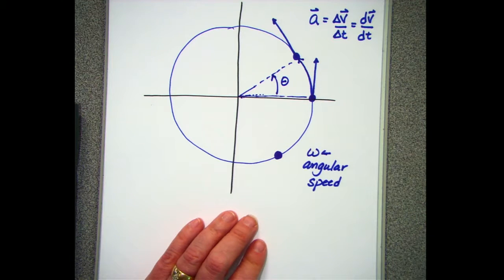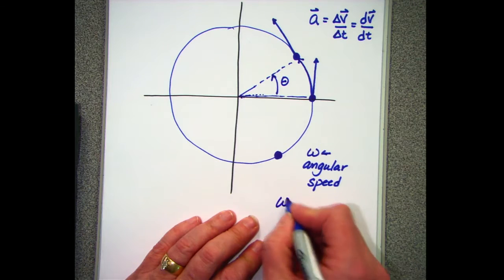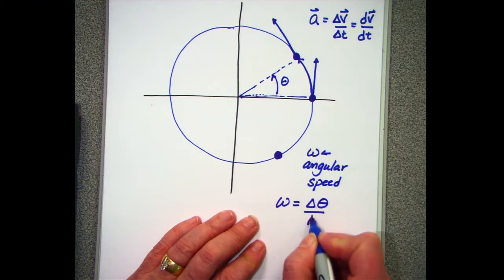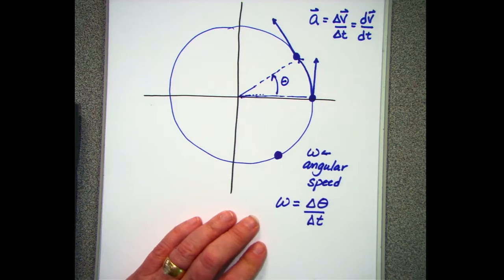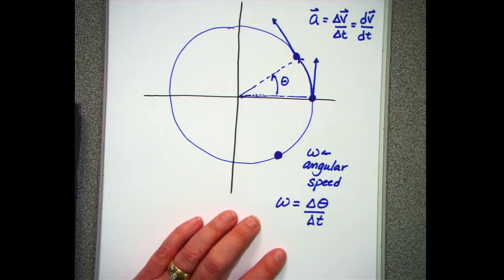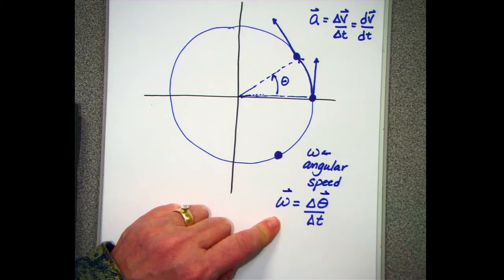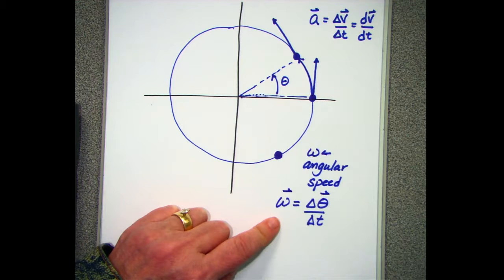There's my angle, and omega is defined as the change in angle with respect to time. These do turn out to be vector quantities.